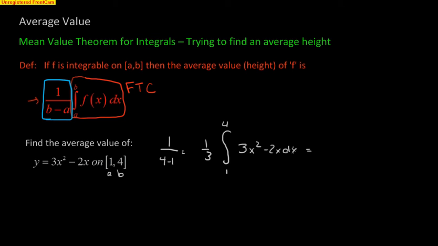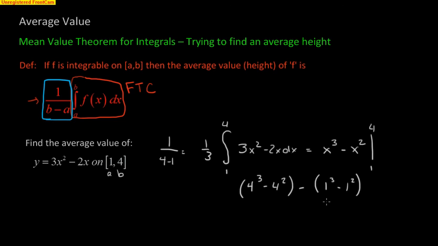So I do my power rule. So I have x cubed minus x squared, and I'm doing this from 1 to 4. Again, remember, it's top minus bottom. So I'm going to have 4 cubed minus 4 squared, minus 1 cubed minus 1 squared.